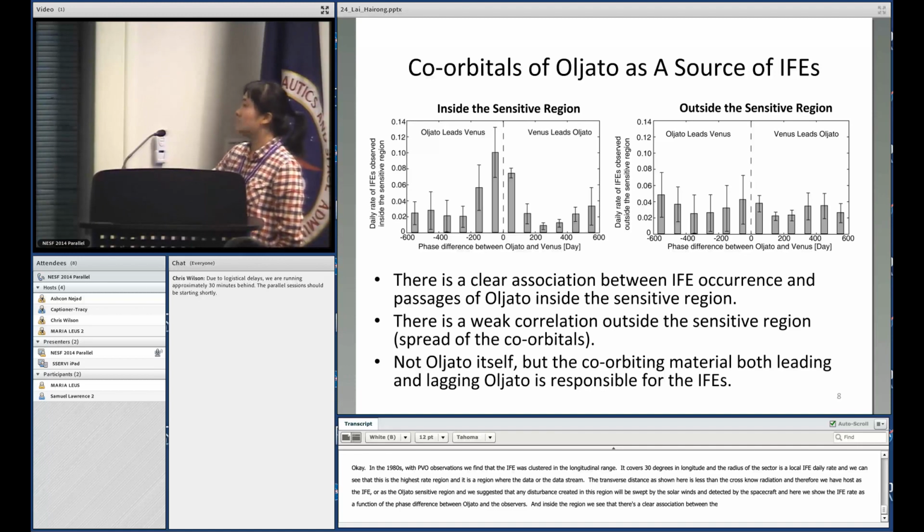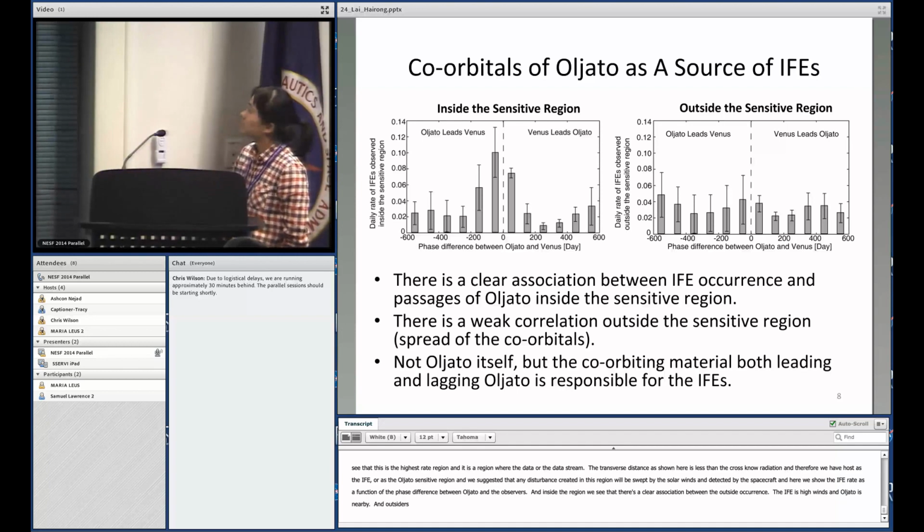The IFE rate is high when Oljato is nearby, and outside the sensitive region, the rate is generally random, except for a very weak correlation in the region where the phase difference is small, and I will mention that later. Based on these two plots, we confirm that not Oljato itself, but the co-orbiting material, both leading and lagging Oljato, is responsible for these IFEs.